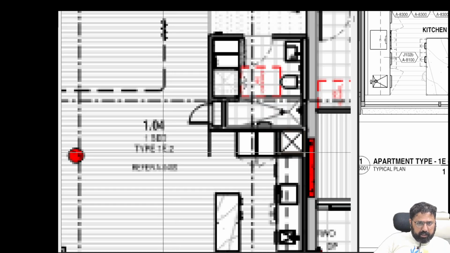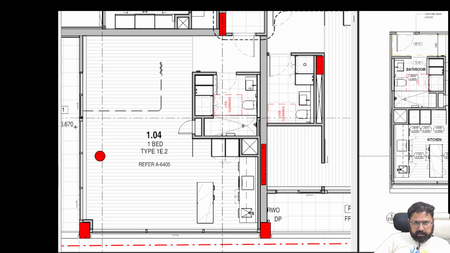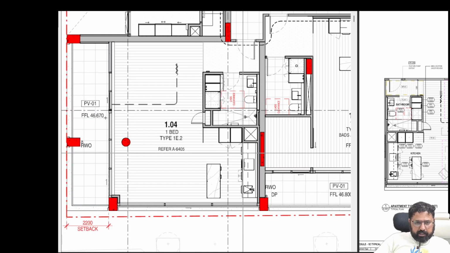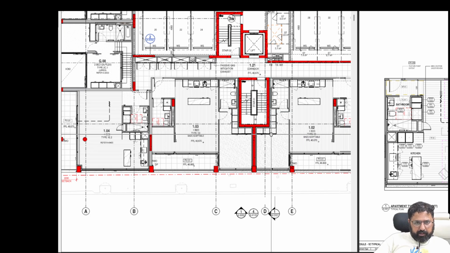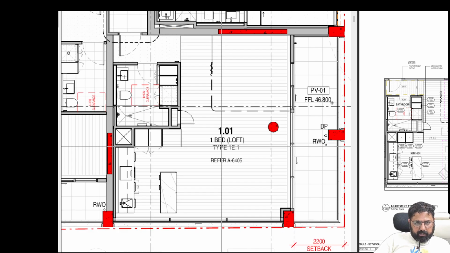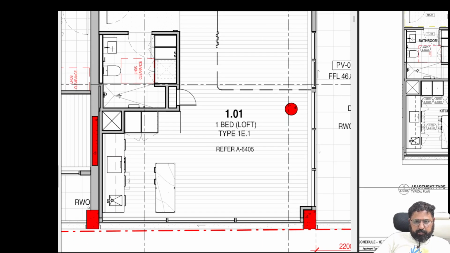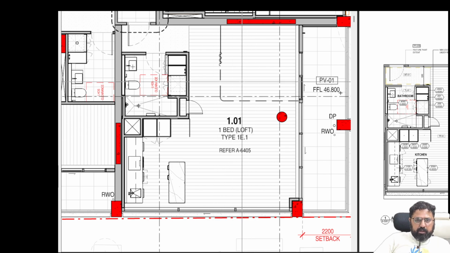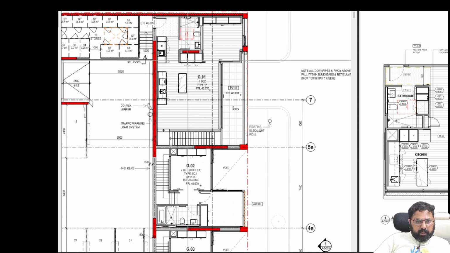In this one there is 1E, and this is a different part. You will find most of them on the right. This is 1E1, one bed loft, same plan, same everything. Now you find this same thing over here.